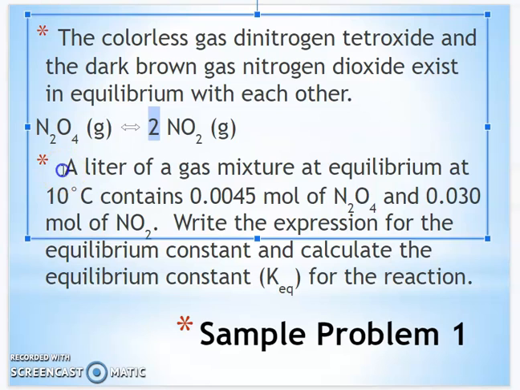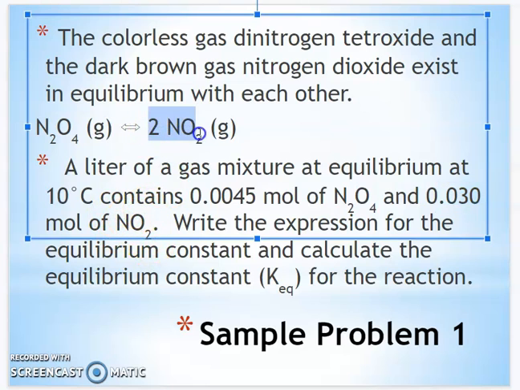Then we really get to the meat, the stuff that we care about down here. A liter of a gas mixture at equilibrium at 10 degrees Celsius contains 0.0045 moles of dinitrogen tetroxide. So we have 0.0045 moles of this guy right here. And we have 0.030 moles of NO2, or nitrogen dioxide.